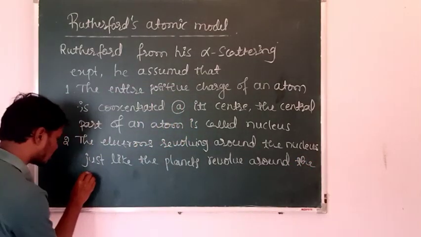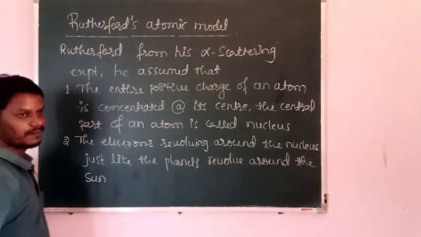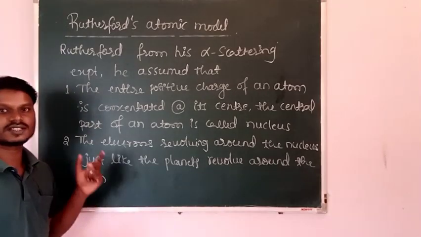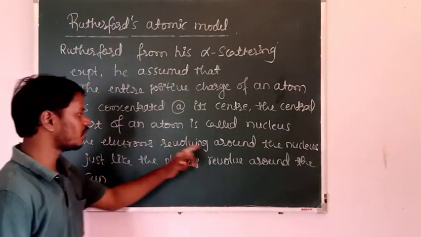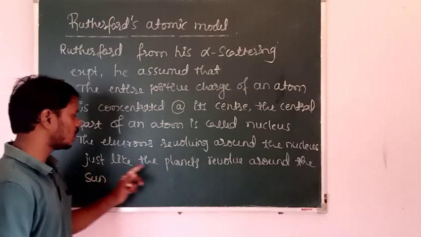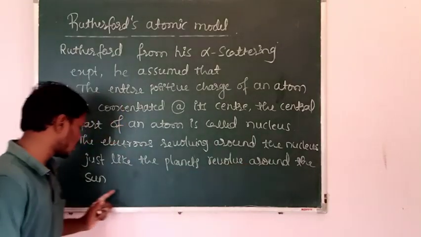So what is the second postulate or second assumption? The electrons revolve around the nucleus just like the planets revolve around the sun.